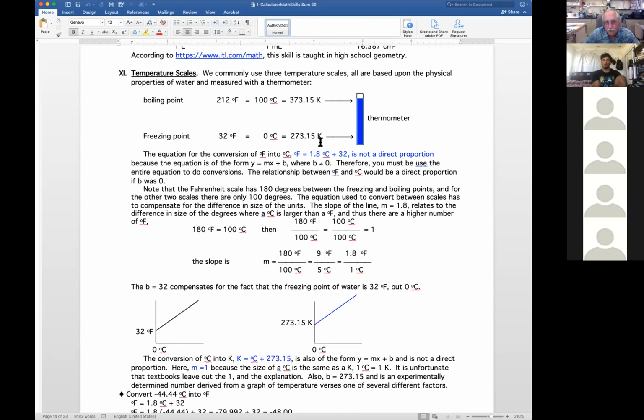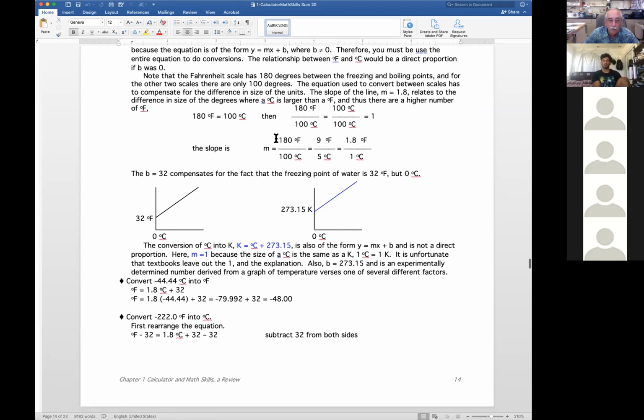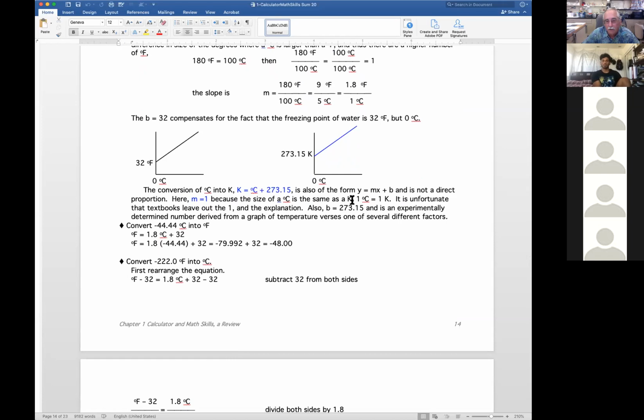Between these two marks on the thermometer, there's 100 divisions in Kelvin and 100 divisions in centigrade. The size of the units are the same. So that means that this right here is the equivalent. If you divide one by the other, you simply get 1. Because it turned out to be 1, they left it out of that equation that they have everybody memorize. And nobody seems to understand that that is simply y is equal to mx plus b.